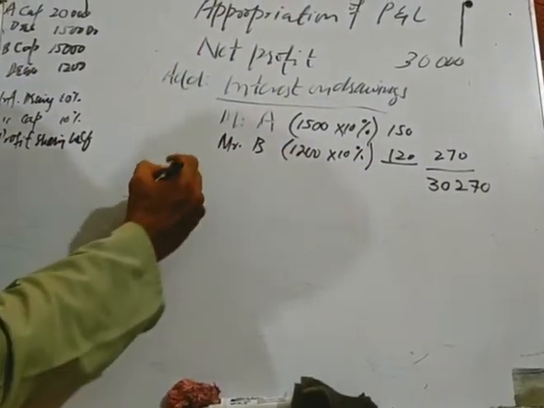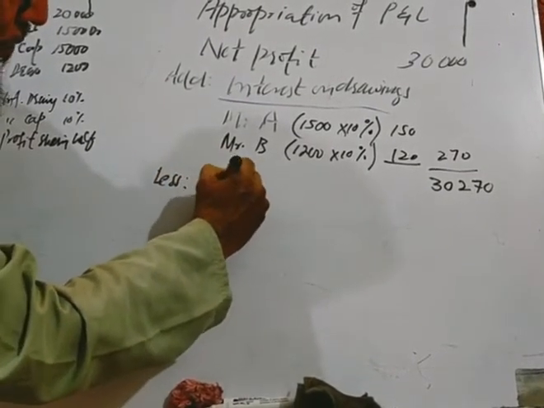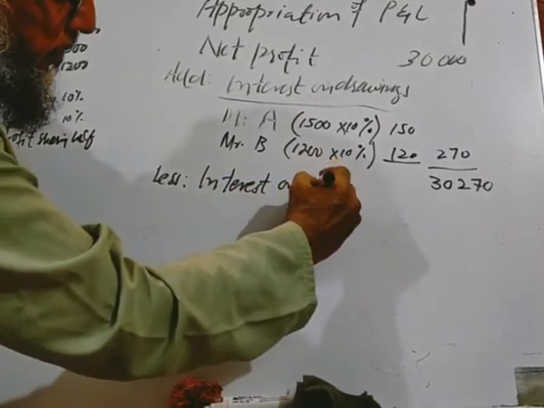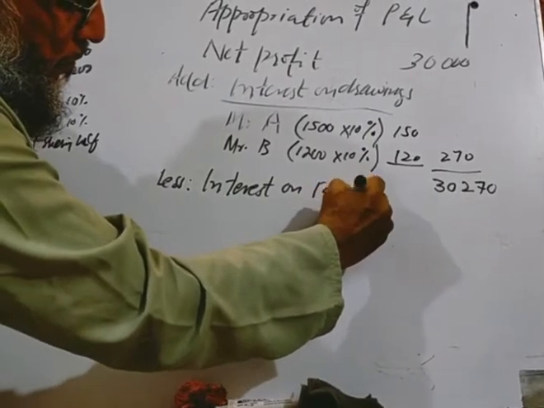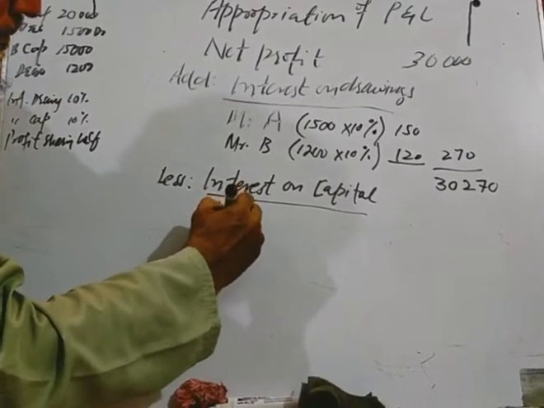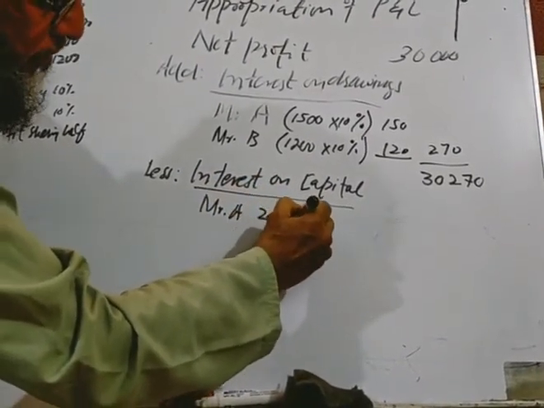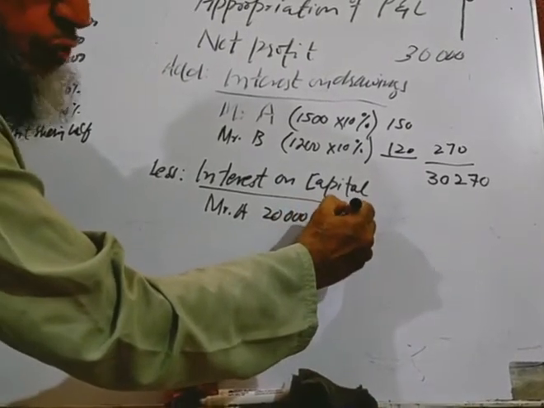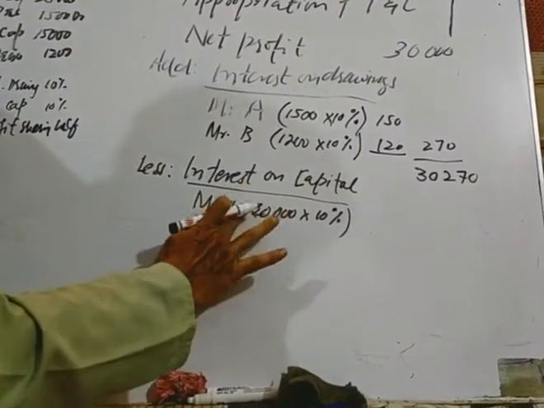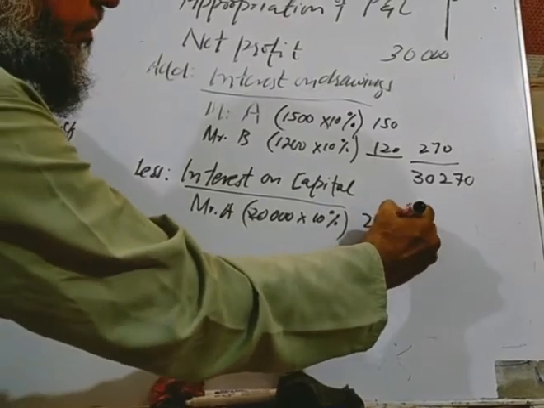The next step is less interest on capital. Mr. A's capital was 20,000 and interest was 10%, so it is equal to 2,000.